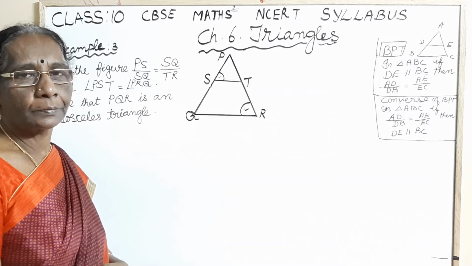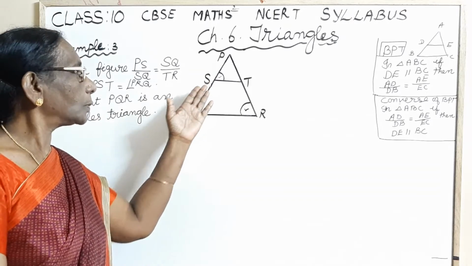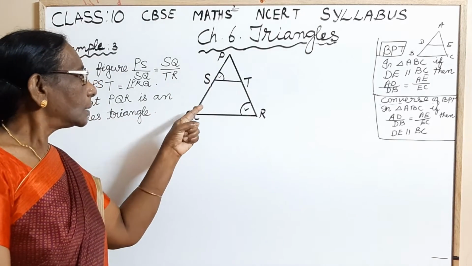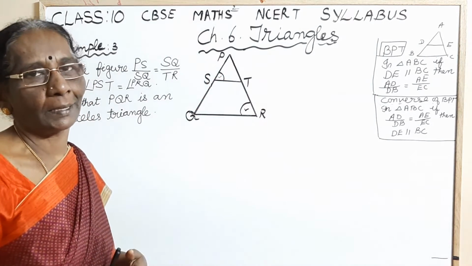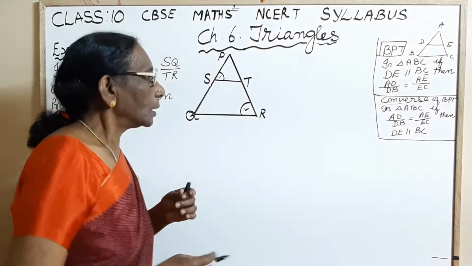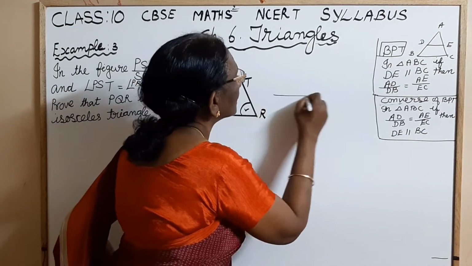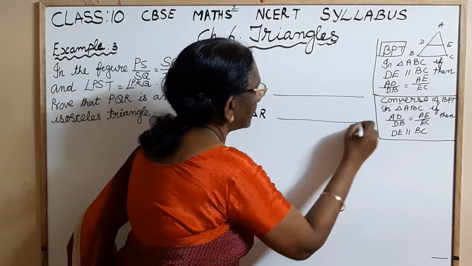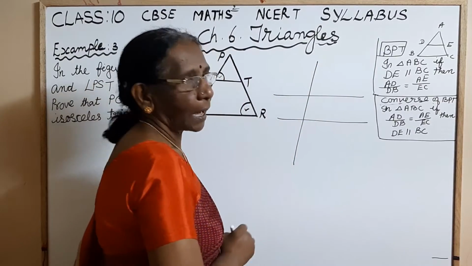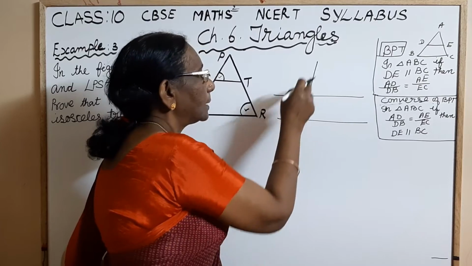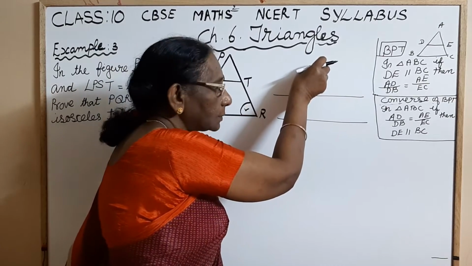So if ST is parallel to QR, what concept will we be using here? You have to use the parallel lines and angle property. If these two lines are parallel and another line intersects the parallel lines at 2 points, the name of this line is transversal.